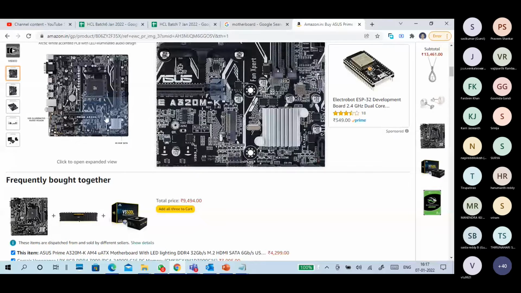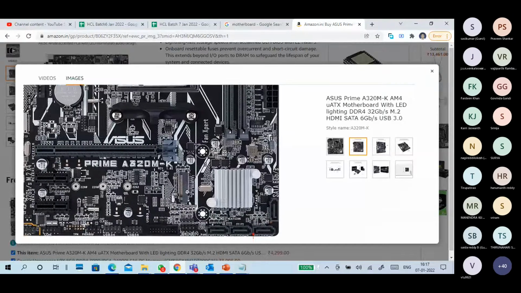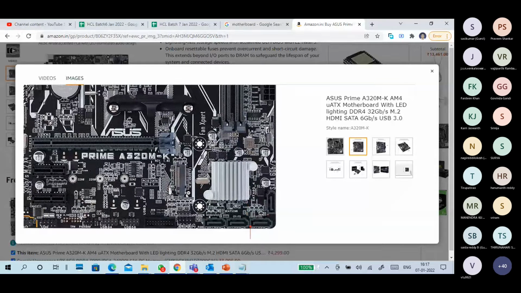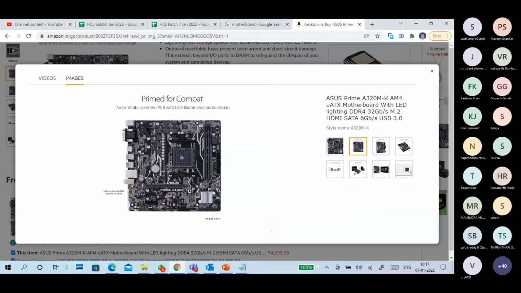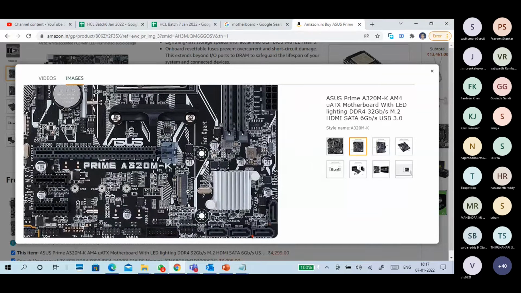And this specific one, yeah, exactly, this one. This is a PCIe x4 SATA, and on this side you can see this specifically. This is for an SSD connection.